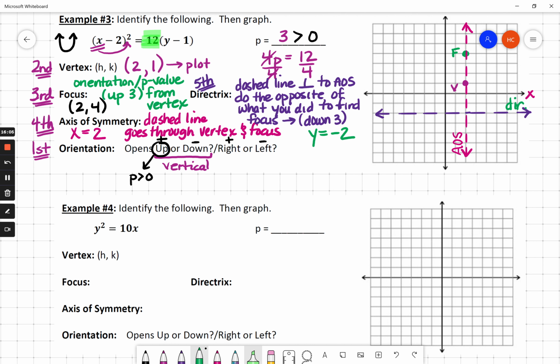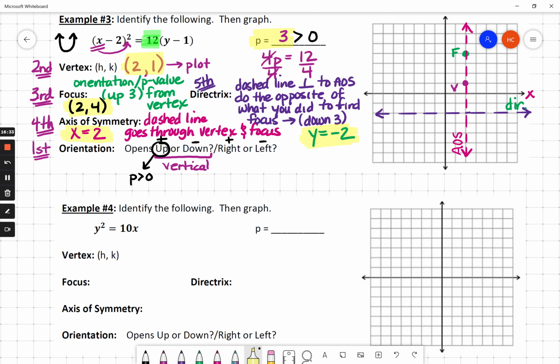Just to highlight my answers thus far, vertex was (2, 1). Focus was (2, 4). Axis of symmetry, x equals 2. And directrix is y equals -2. And then, of course, our p-value. Everything else is just notes to help you understand what we did in this particular problem.